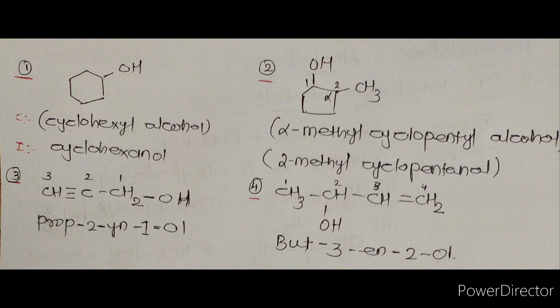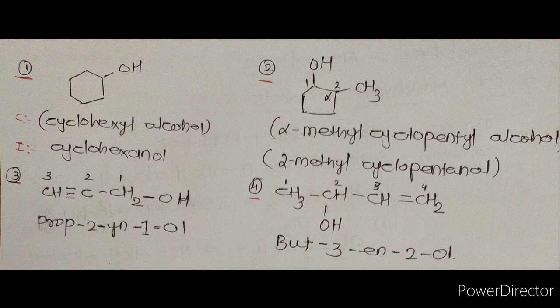Here alpha is used in the common name for the carbon that comes after the OH-containing carbon. Once again, remember the trick for alpha: the carbon which comes after the OH-containing carbon. Here its common name is alpha methyl cyclopentyl alcohol, and its IUPAC name is 2-methylcyclopentanol.